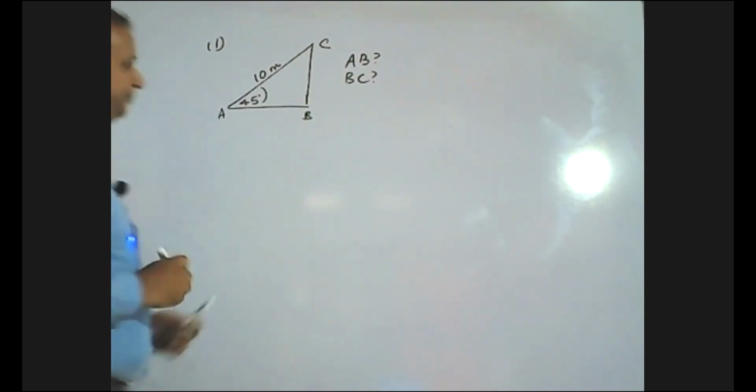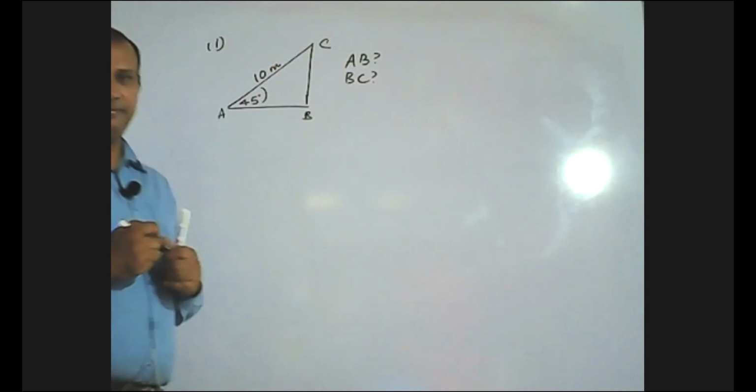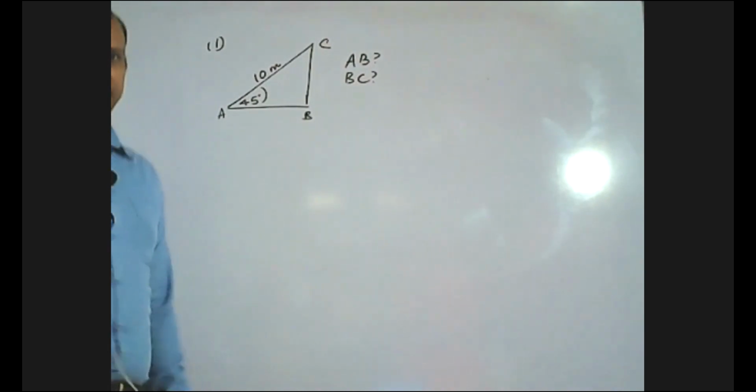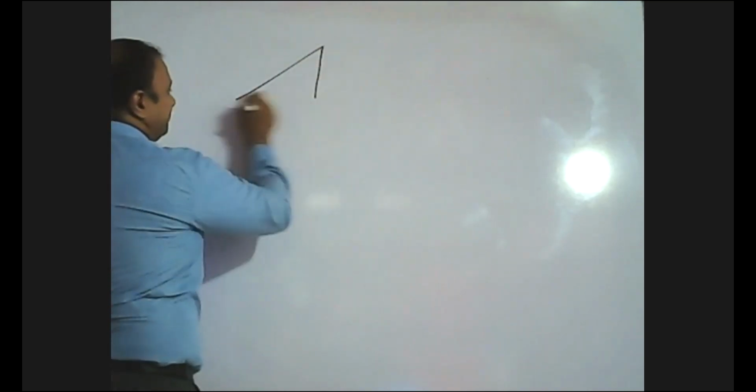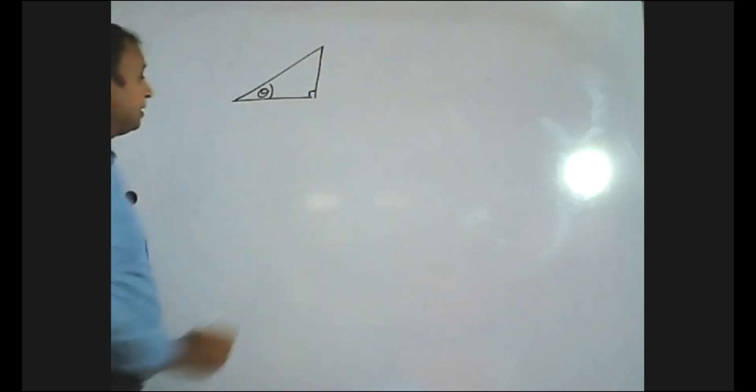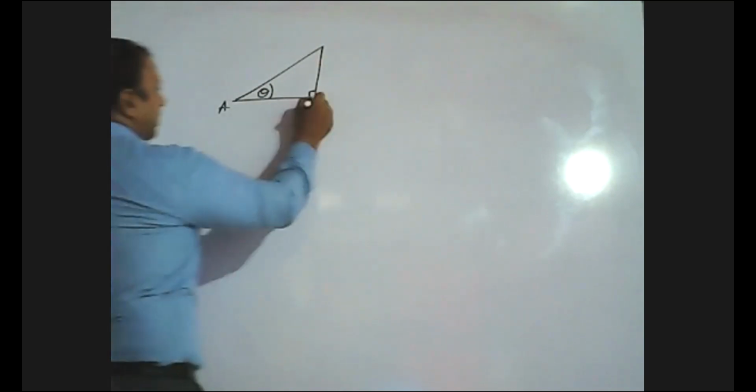How to do that? Don't do that yet. I will explain as a typical example. Then you can do the question. Suppose this angle is theta. Then A, B, C here.